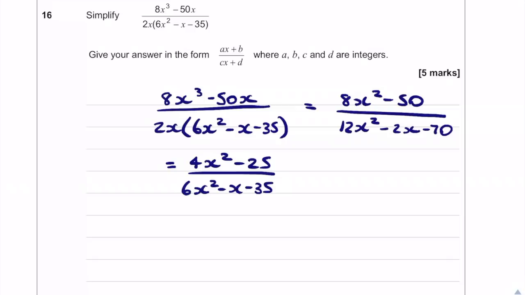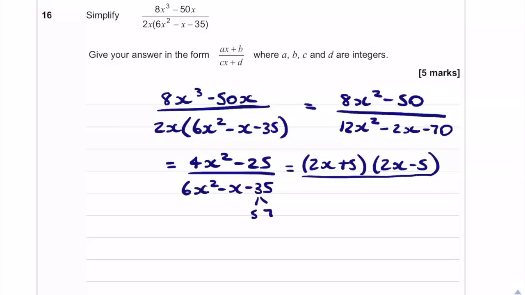What I can see now is in the numerator we've got a difference of two squares. We've got 2x plus 5 and 2x minus 5. So now we've got to think, how are we going to simplify our denominator? Well, it's a quadratic function, so I'm going to try and use the factors of 5 and 7.